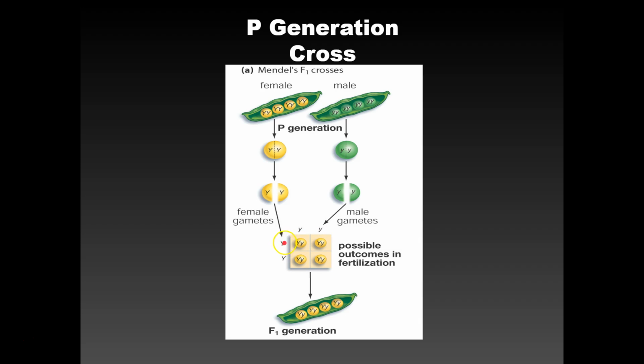You take one set of alleles, which on the left here are big Y, and you put them on the left. You take another set of your alleles, which are little y, or homozygous recessive, and you put them on top. Then you mix those things together and you see all the possible combinations that you can get. And at the end, in this case, we cross 2 homozygotes and we wind up with all heterozygotes.